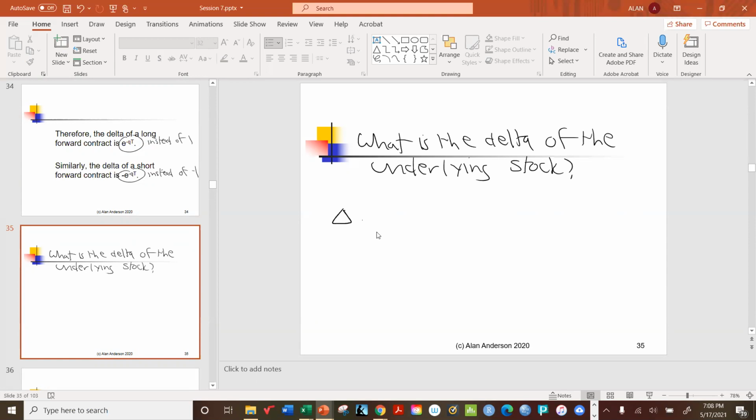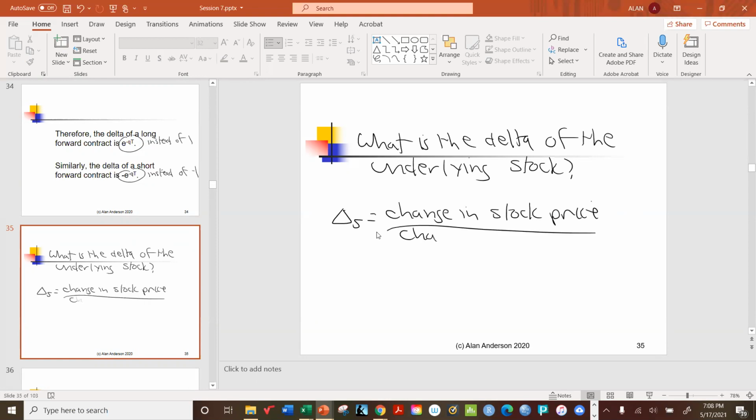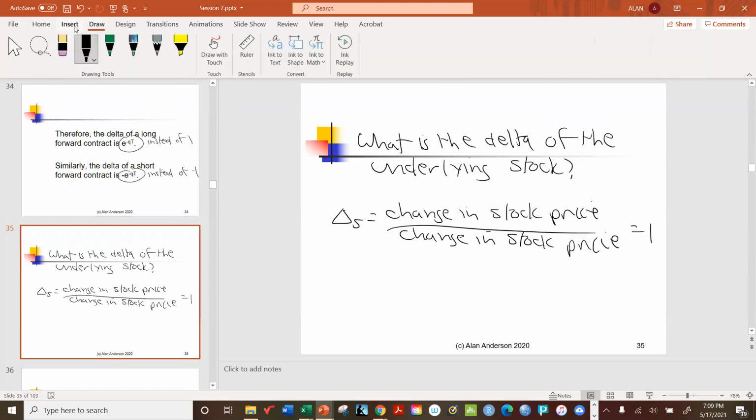The delta of the stock, which I'll call delta S, would be the change in the stock price due to a change in the stock price. So by definition, it would just simply equal 1. I mean, it's a silly thing to think about. How sensitive is the stock price to the changes in the stock price? Well, if the stock price goes up by $1, the stock price goes up by $1. So this is defined to equal 1.